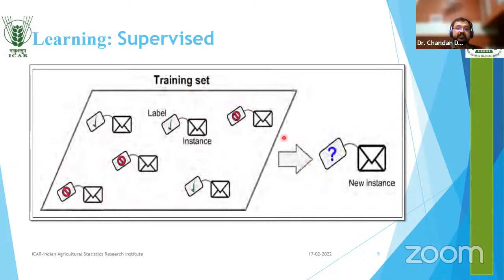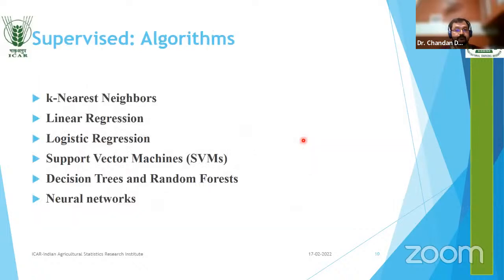After learning, we can say that the learning process is done, and after that, whenever new instances come to your mailbox, it will automatically identify whether they should go to your inbox or not. Some of the supervised learning algorithms are k-nearest neighbor, linear regression, logistic regression, and support vector machine.